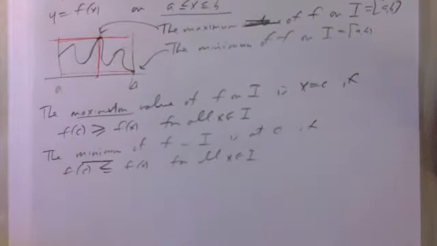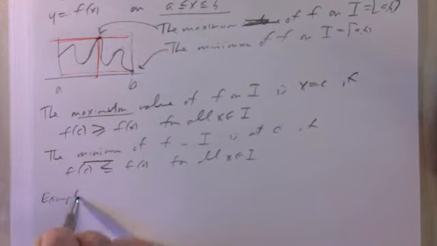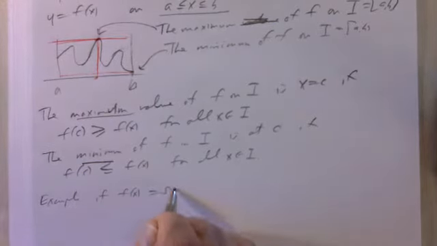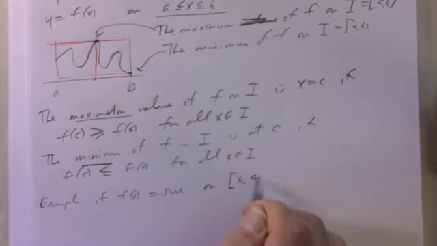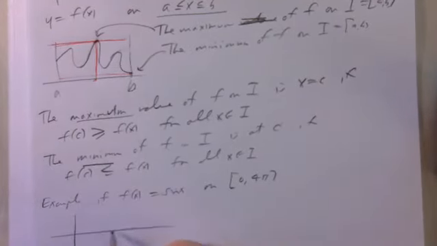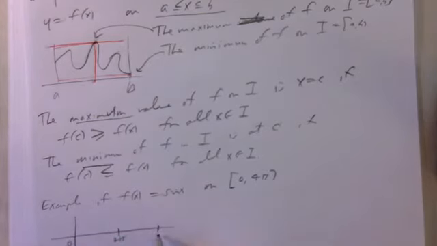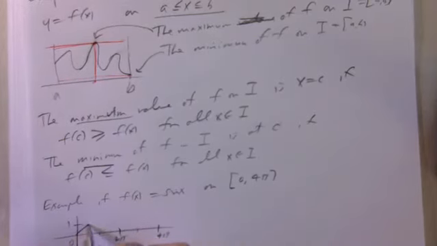Now, there's only one maximum value, but it can occur more than once. So for example, if f of x equals sine x on the interval from, let's say, 0 to 4 pi, what does the graph of the sine look like there? 0, 2 pi, 4 pi, 1, minus 1. The function looks like this.